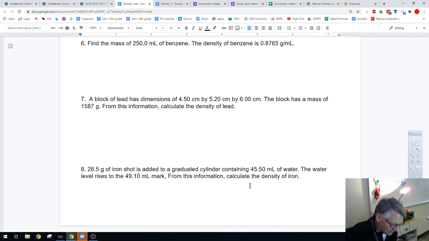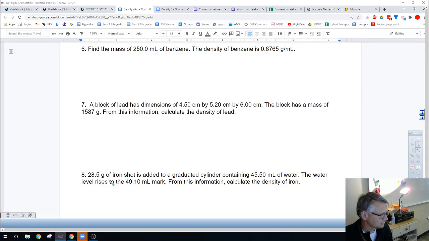And number 8. 28.5 grams of iron shot is added to a graduated cylinder containing 45.5 milliliters of water. The water level rises to 49.1 milliliter mark. From this information, calculate density.